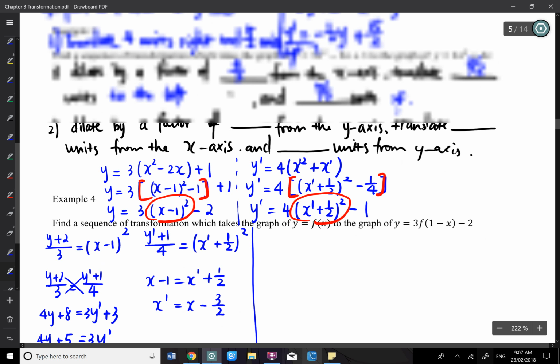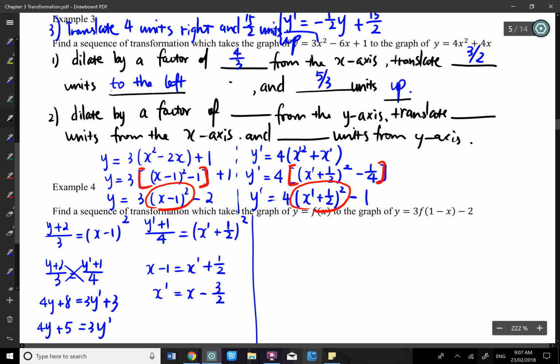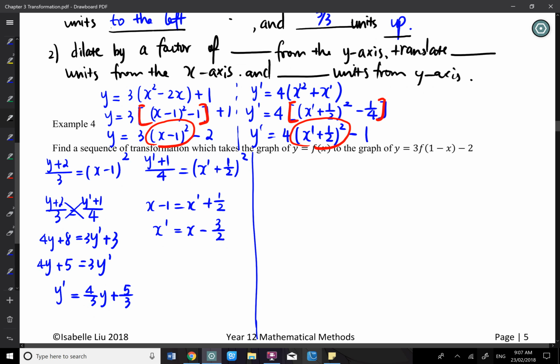That's the first one. That's according to this one, what we have.